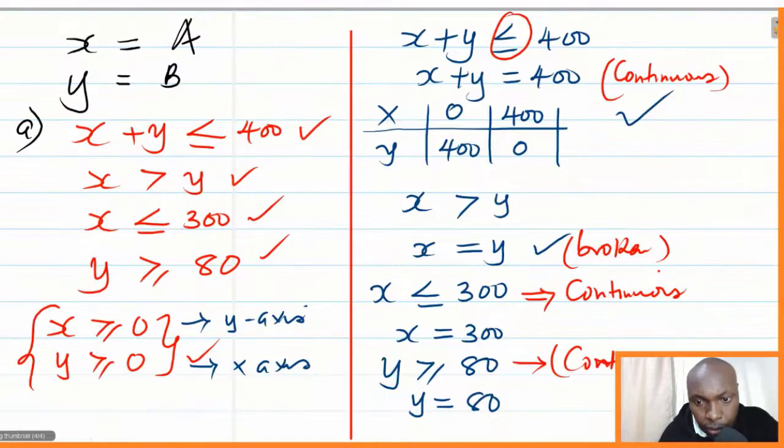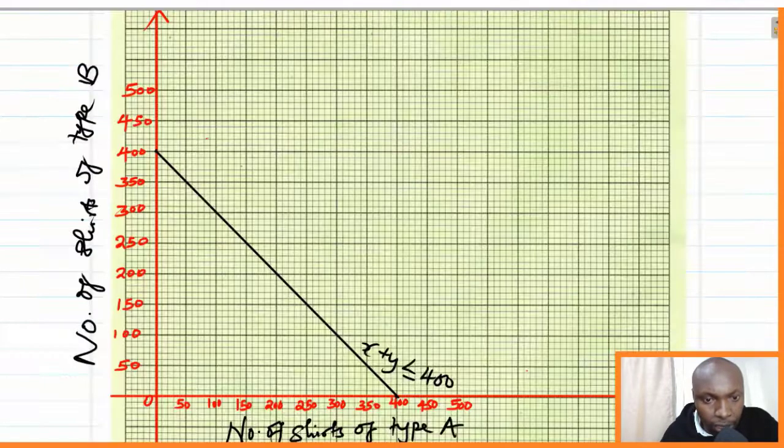Now the other line is x is greater than y. So that line should be broken. x equals y, or y equals x. It's the same. So that line is here, the line that passes through the middle. That line should pass between the x and the y axis.